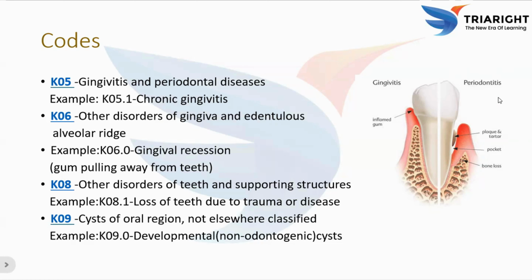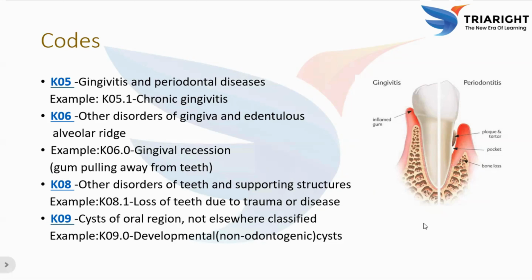Whereas periodontitis occurs when the gingivitis is left untreated and the infection spreads deeper into the tissues. When the inflammation of the gums is not treated properly, then periodontitis occurs.